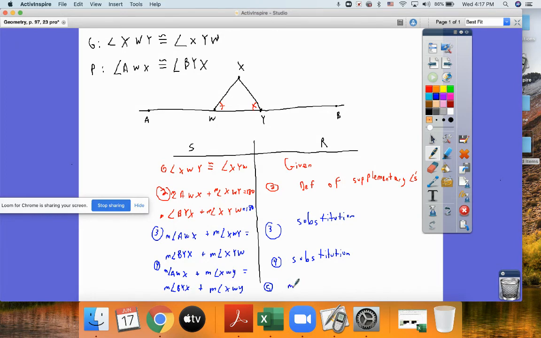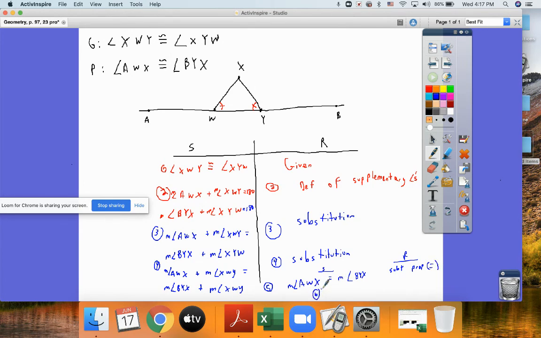So now I'm going to say the measure of angle AWX is equal to the measure of angle BYX, and that's my statement. My reason is the subtraction property of equality. Subtraction prop equality. Good enough for me.